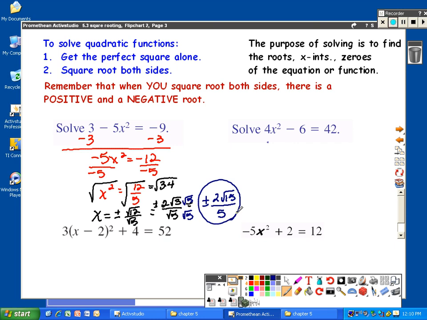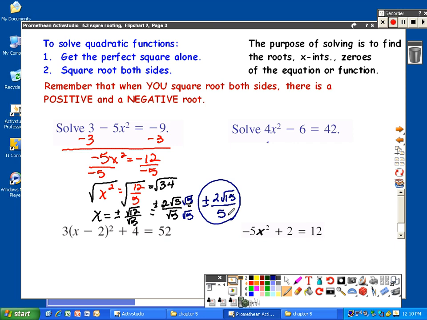You get 2 roots. Yes, I have a positive 2 square root of 15 over 5 and a negative 2 square root of 15 over 5. Notice I've been synonymously saying roots.